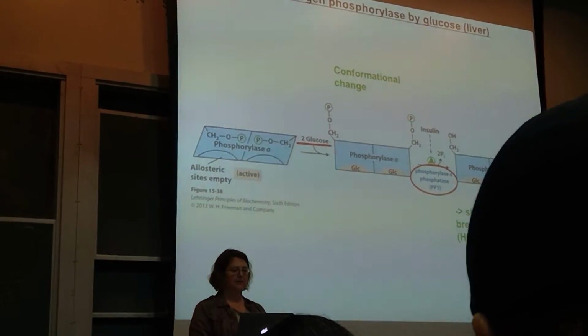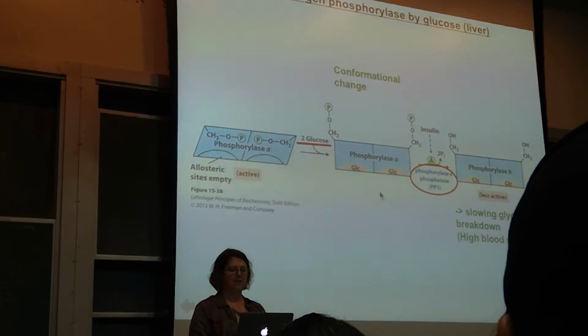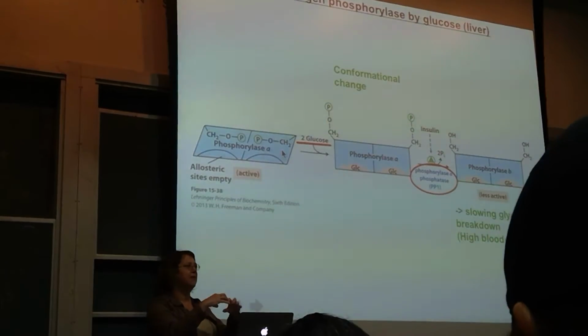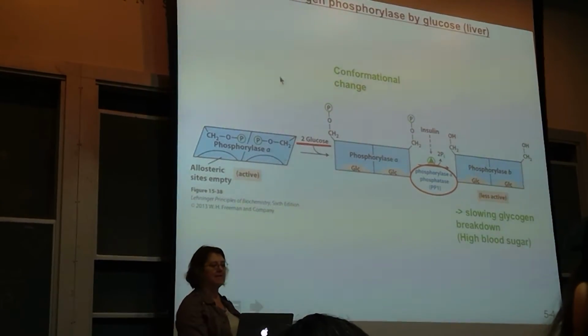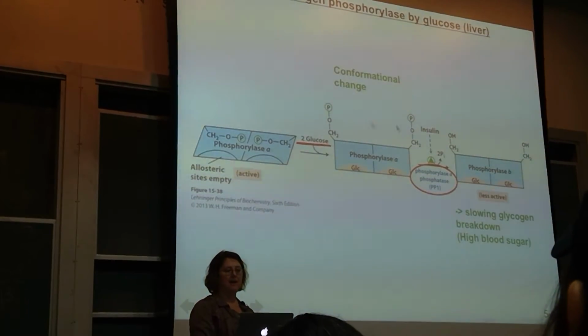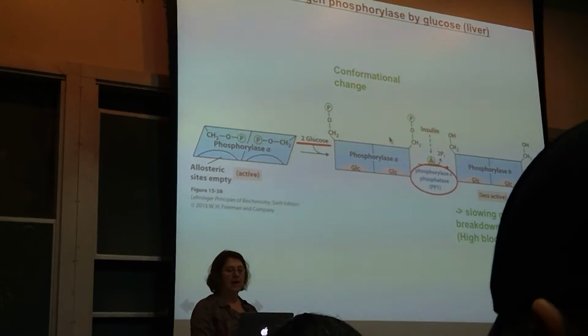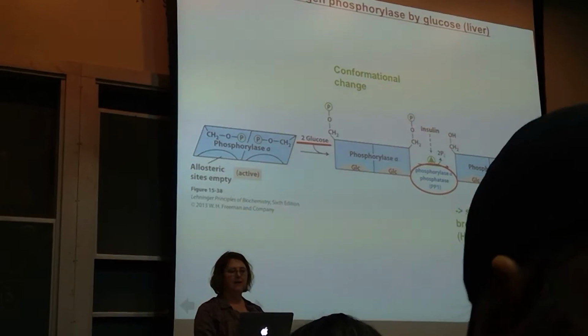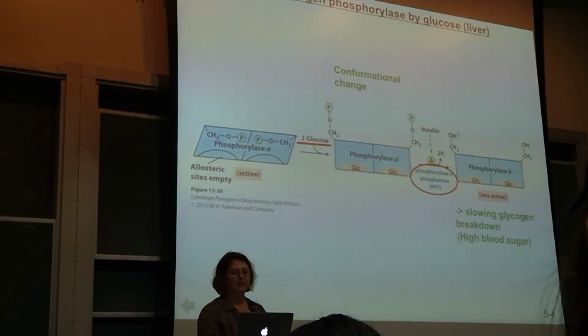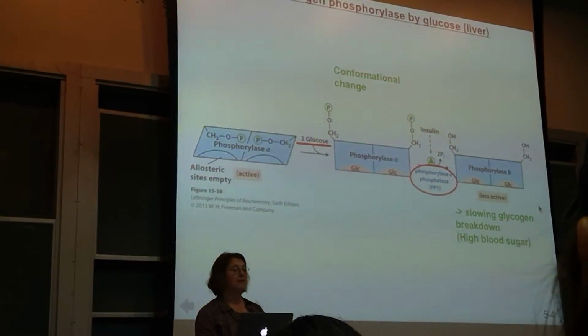Specifically, glucose fits in this site, here and here, two glucoses. When that happens, you get a conformational change where suddenly the phosphates are accessible. Here they're buried, and now they're accessible. Once they're accessible, the phosphatase can take off the phosphate, and then it's inactive or less active.